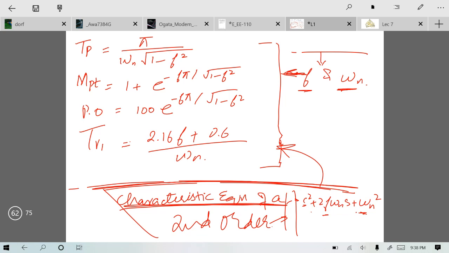Now to change the performance parameters, if you want that your rise time is okay, no problem, it can rise late, but your peak overshoot should be less, then you can change the zeta, you can change the omega n. How can you change the zeta and omega n? If you remember, in the case of the mass spring system, zeta and omega n depended on K, M, and B, where K was the spring constant, M was the mass, and B was the frictional constant.